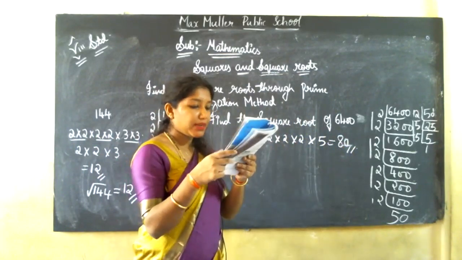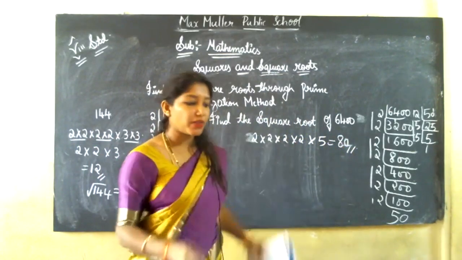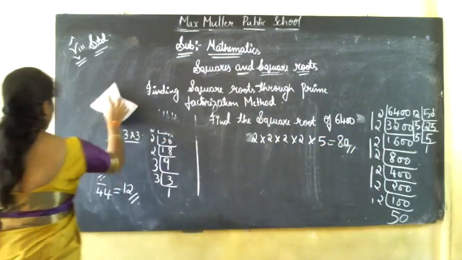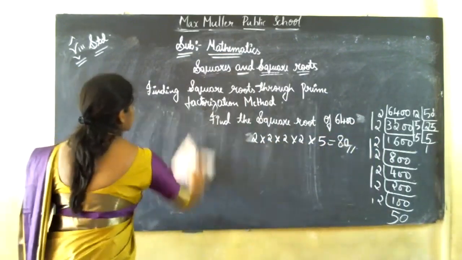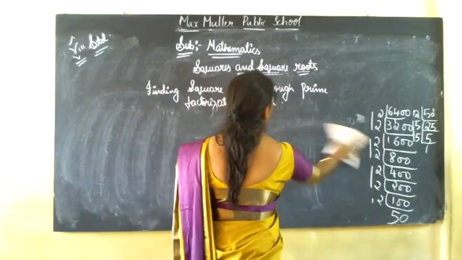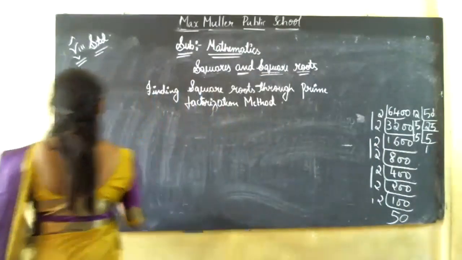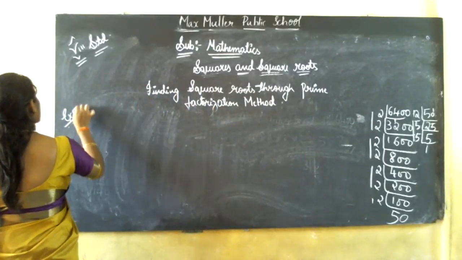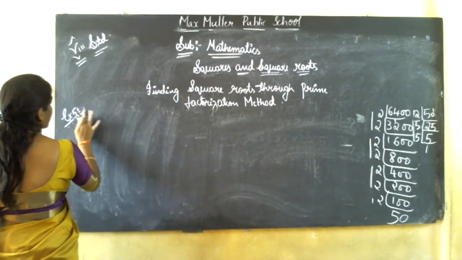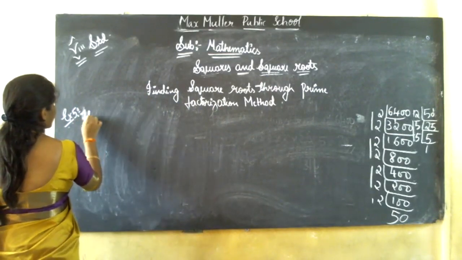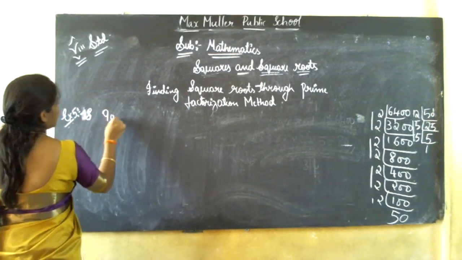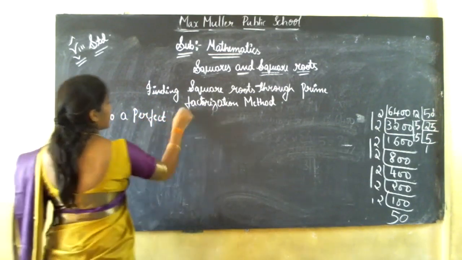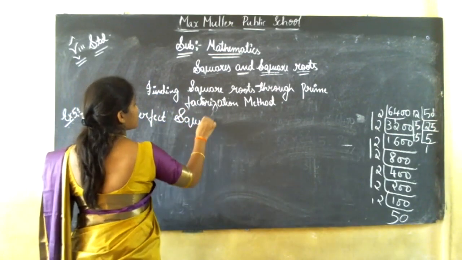Okay, next problem given here is: is 90 a perfect square? That will be your example 5. Problem is, is 90 a perfect square?